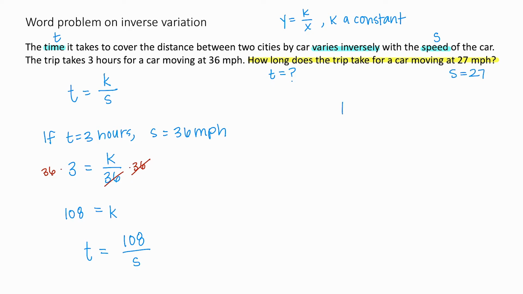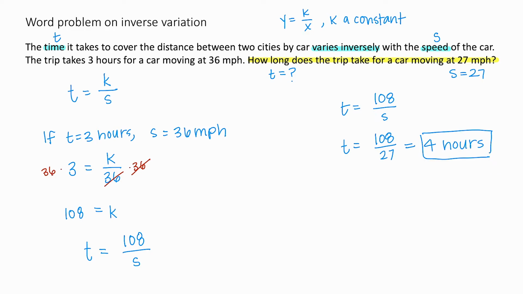So remember, time is 108 over s in this situation. Time is what I'm looking for, so I'll leave it as t. 108 divided by s, and my s is 27. 108 divided by 27, you can put that in your calculator, and you get a 4. So time is 4 hours.